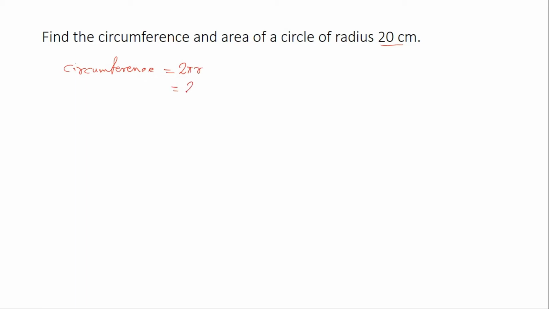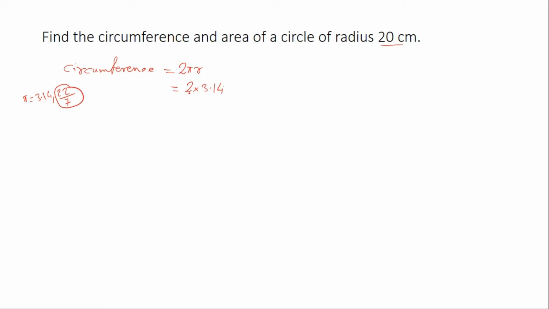So 2 into the value of pi, we will take here 3.14. There are two values of pi. One is 3.14 and the second is 22 by 7. Maximum we use this value.